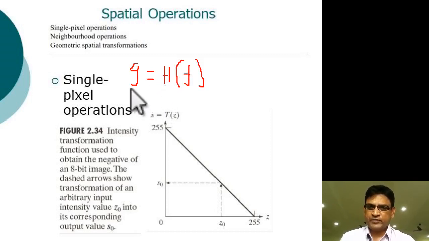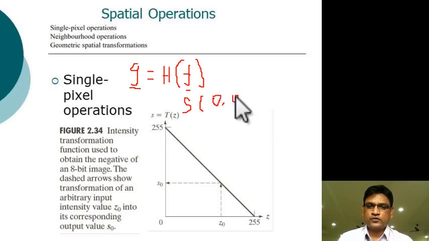Suppose any pixel in G is a function of only one pixel in F, and that too at the same location.